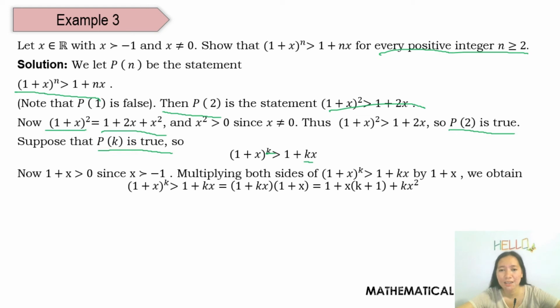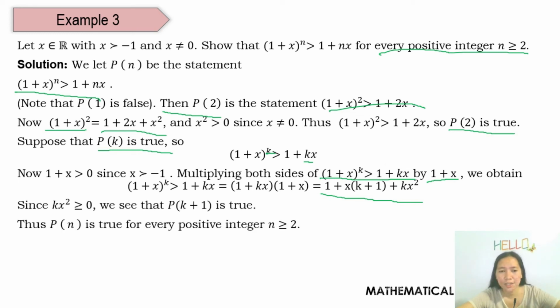Multiplying both sides of 1 plus x raised to k greater than 1 plus kx by 1 plus x, we obtain 1 plus x raised to k plus 1 greater than 1 plus k plus 1 times x plus kx squared. Since kx squared is greater than or equal to 0, we see that P of k plus 1 is true. Thus, P of n is true for every positive integer n greater than or equal to 2.